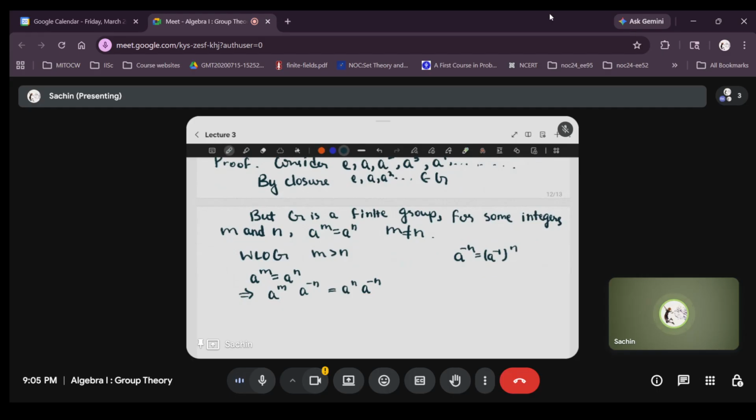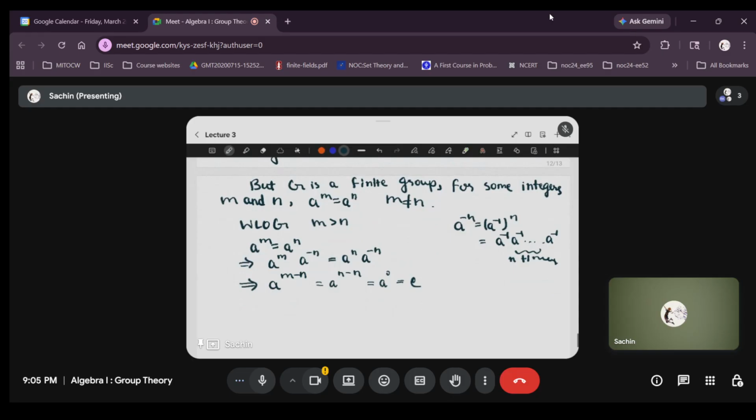So a power minus n is nothing but a inverse, n times. These are positive integers. So by the law of exponents, this is a power m minus n equal to a power n minus n, which is a power 0, the identity.